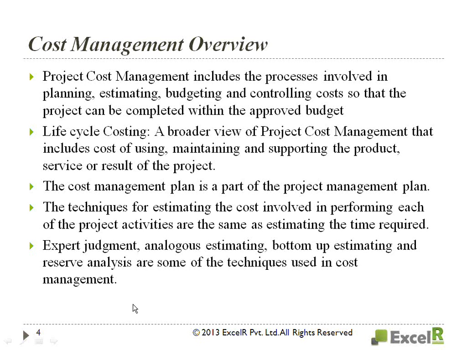So they overlap because of the technique of estimation, the PERT technique, you remember the 3-point estimate: optimistic plus pessimistic plus 4 times most likely, divided by 6. So these things overlap in cost management also, because both are estimations. There we are estimating the schedule, here we are estimating the cost.